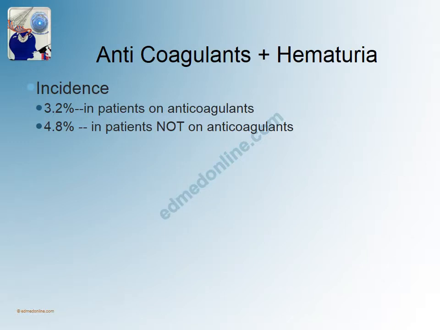Now there is a growing incidence of population who is on anticoagulants like clopidogrel or aspirin. And these are the patients who sometimes present with gross hematuria or microscopic hematuria.